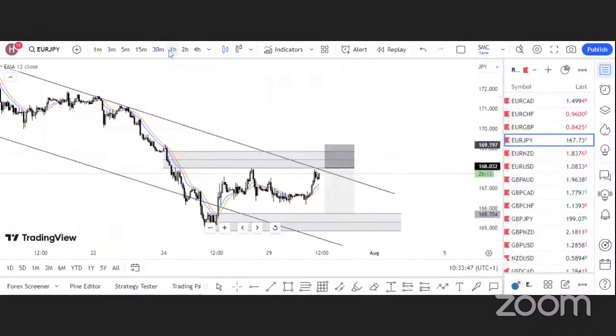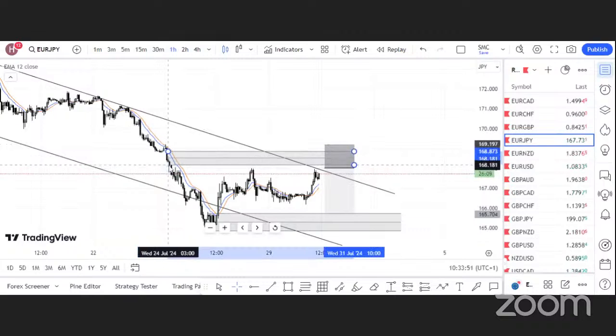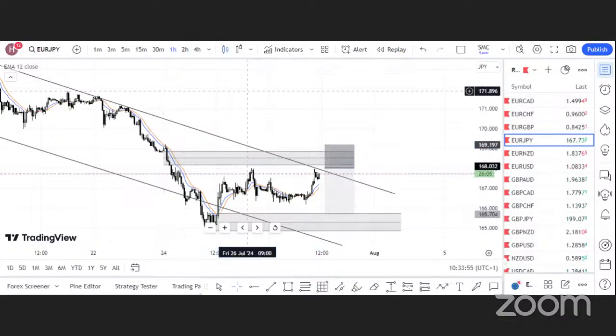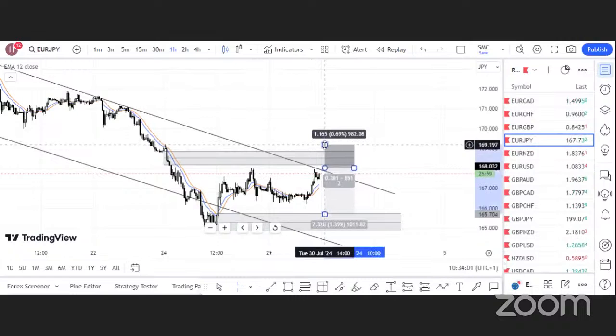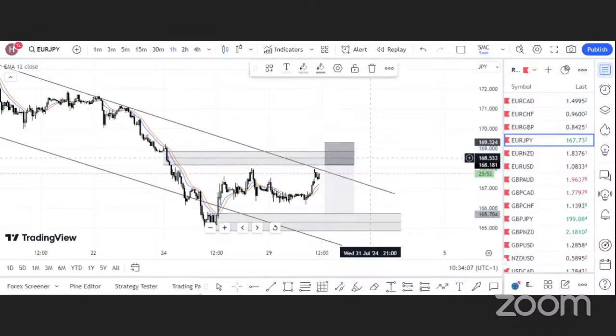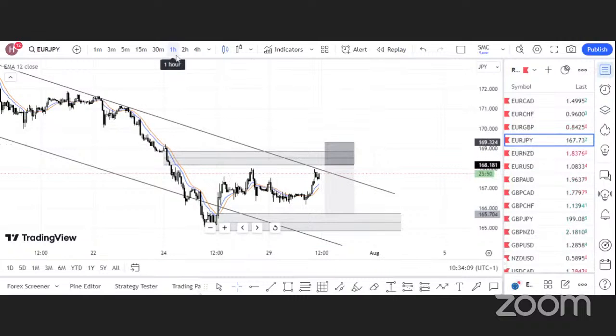Okay, and this whole area will be used as an inducement level. This whole area will be used as an inducement level.